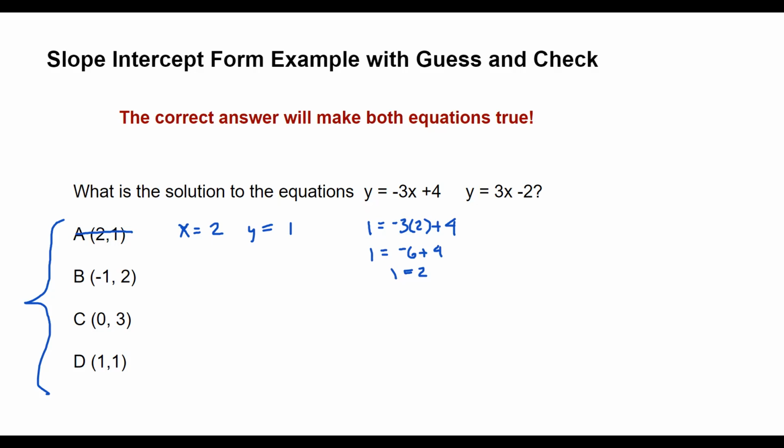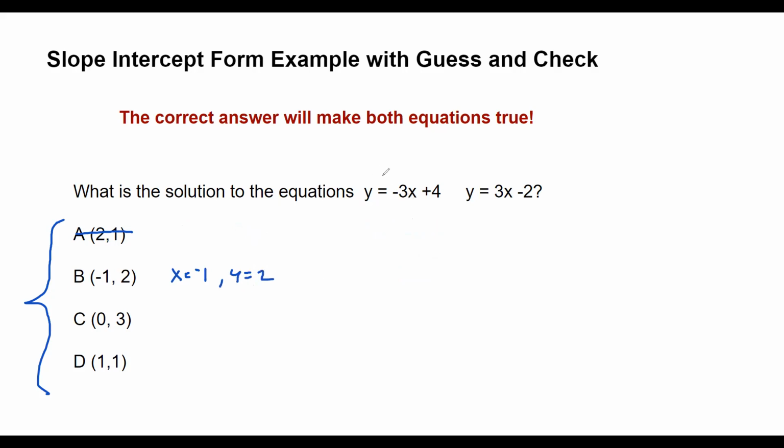I'm going to clear out my drawings here so that we can continue on. We have ruled that one out. Our next one is x equals -1, y equals 2.